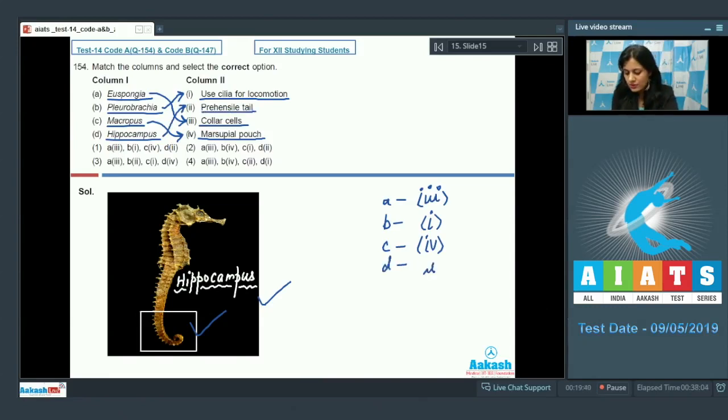So D goes with 2 in column 2. So the correct answer to this question is option number 1, A with 3, B with 1, C with 4 and D with 2. Let's discuss our next question.